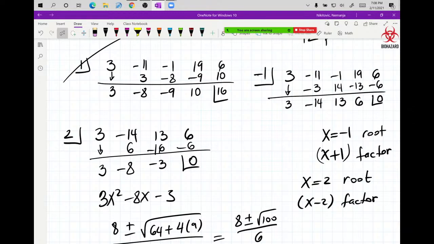So our power here was 4, and that's why we had 4 roots. Okay. Exponent. That helps. Awesome.